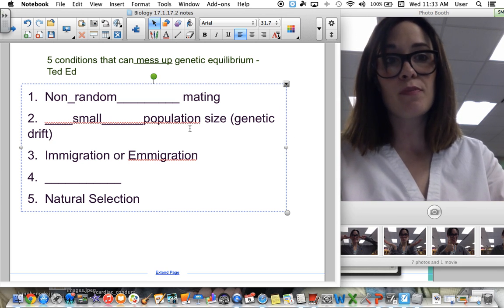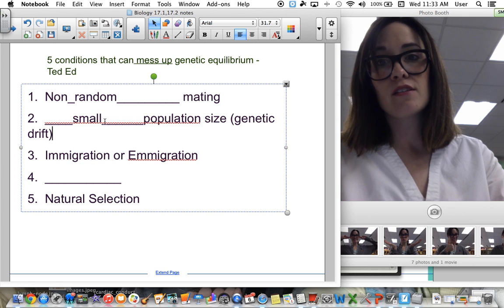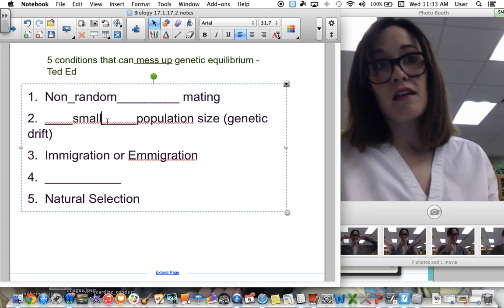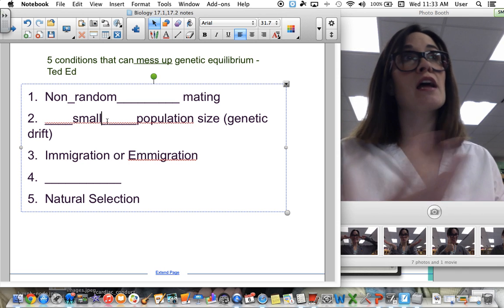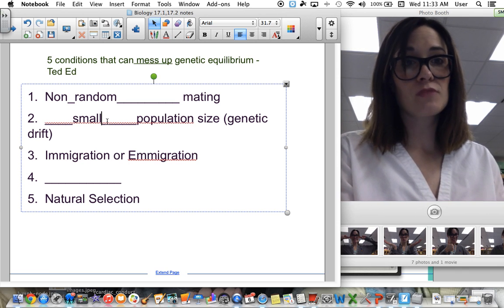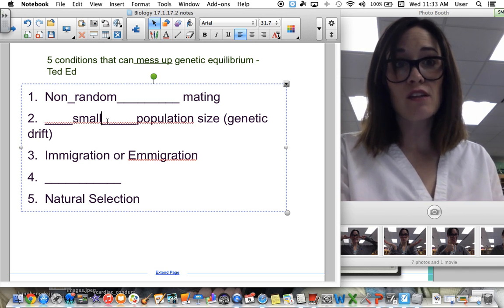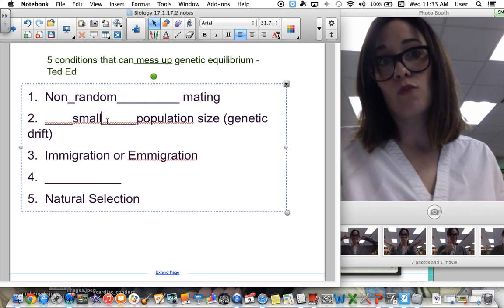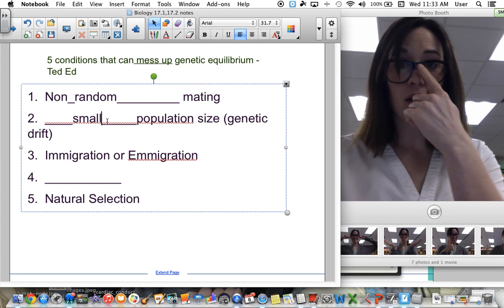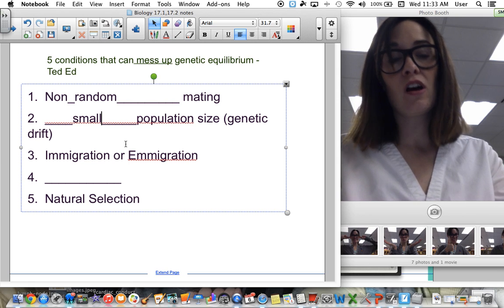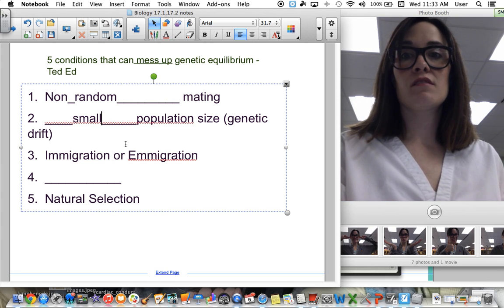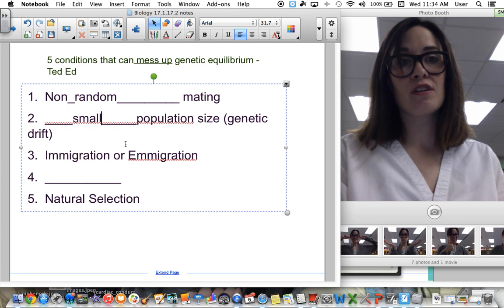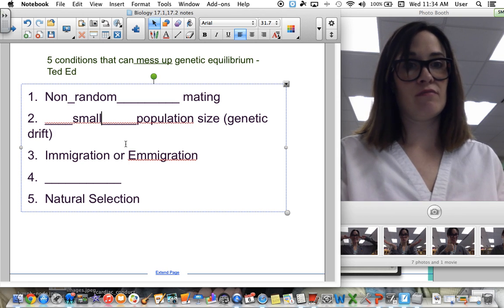If somebody dies and they carry lots of the genetics for that community, they're going to change that community's allele frequency dramatically. Or if somebody's born, same kind of thing. Larger populations don't have to worry too much about that genetic drift or genes coming in or leaving, as it happens all the time.